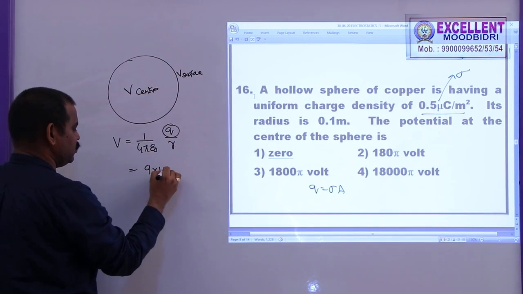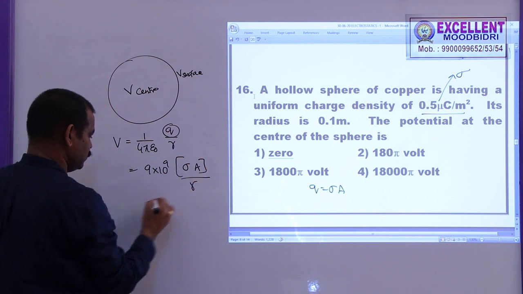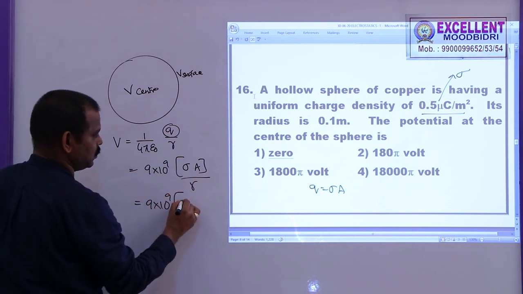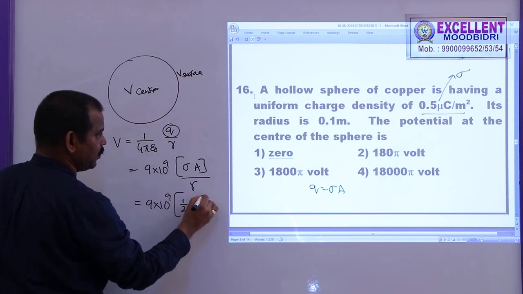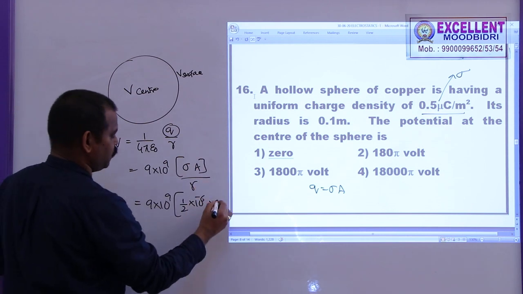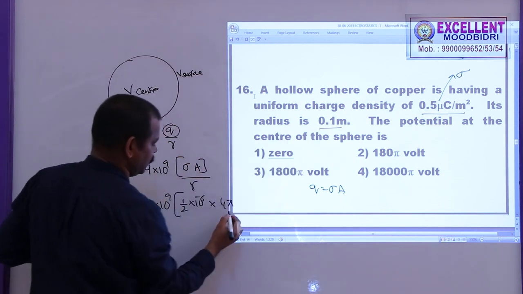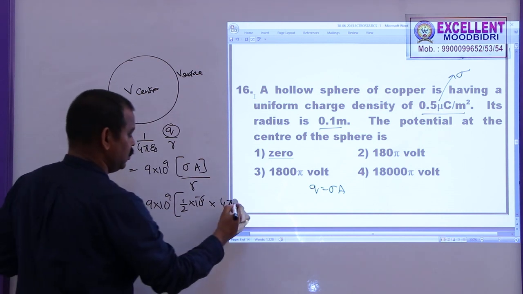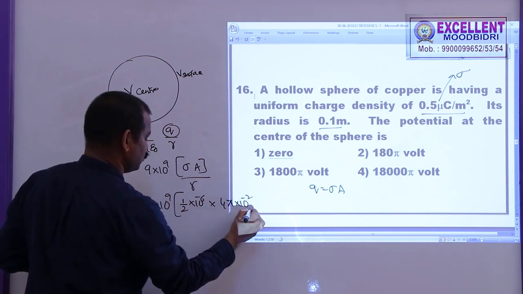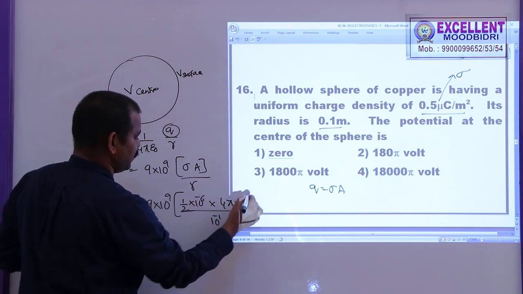I will write 9 into 10 power 9. V is equal to sigma A by r, which is this into the surface charge density, half micro, 0.5 micro. Area of this sphere is 4 pi r square, that is 4 pi into the radius, 0.1, that is 10 power minus 1, whole square, which is 10 power minus 2, divided by r, which is 10 power minus 1.